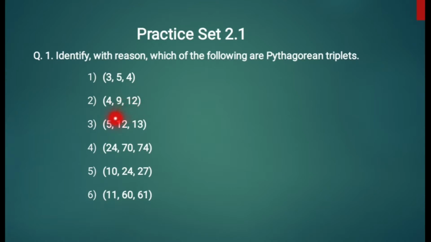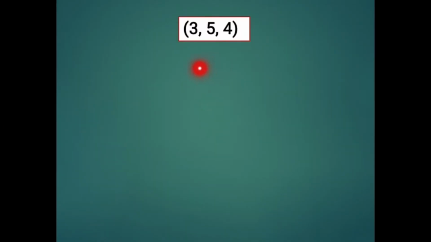So the first problem is with numbers 3, 5, 4. So we have to check whether these numbers are a Pythagorean triplet or not. Identify which number is the greatest. Here the greatest number is 5. So we find the sum of squares of the numbers which are less than 5.